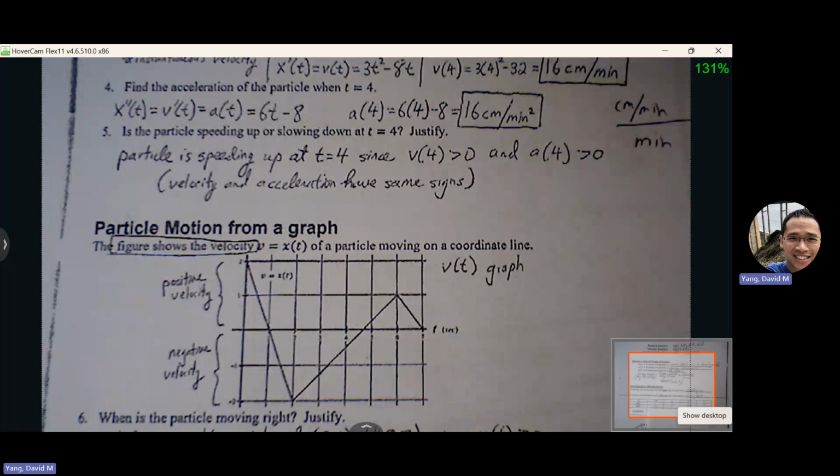So just want to have some visual connection in terms of the object moving along the path of that graph.